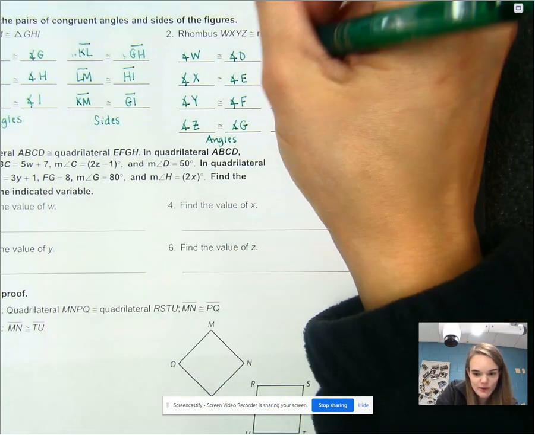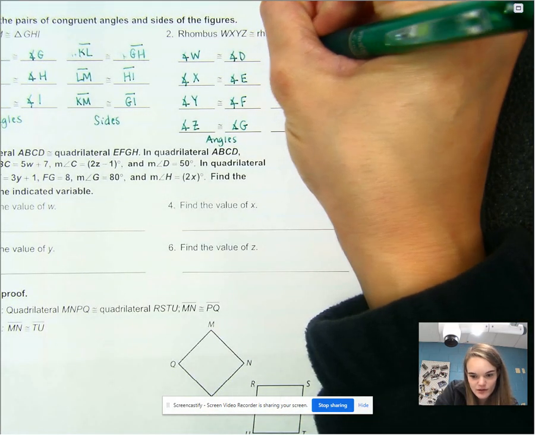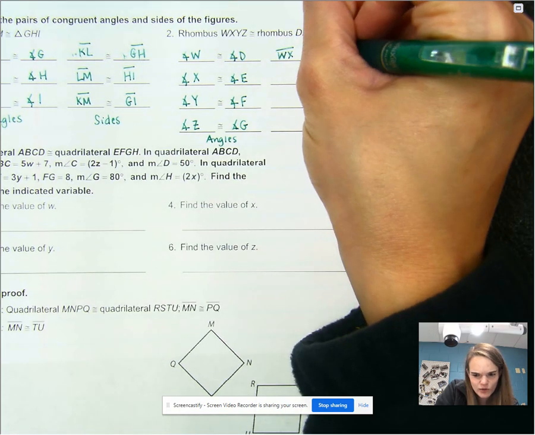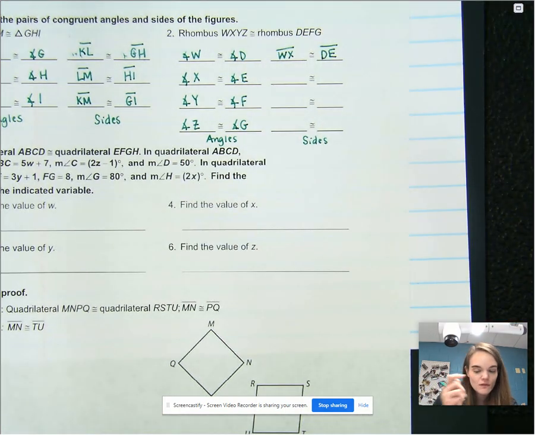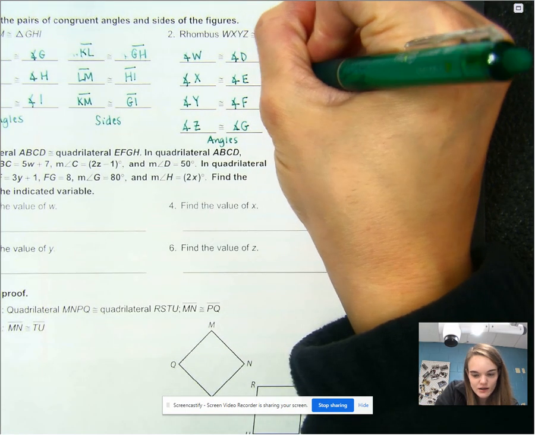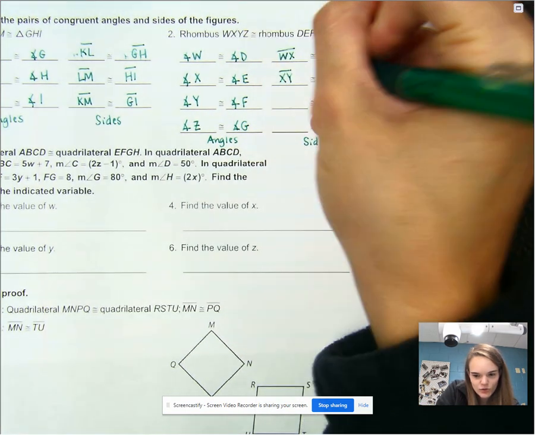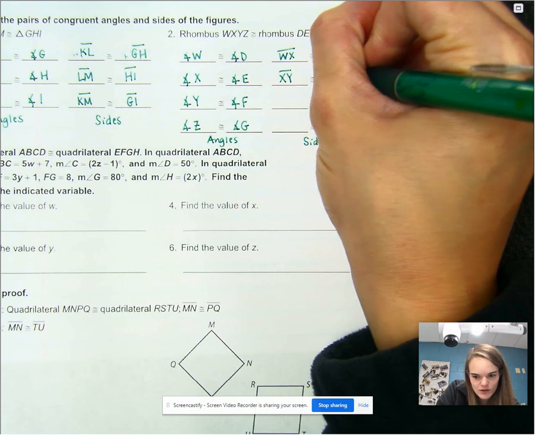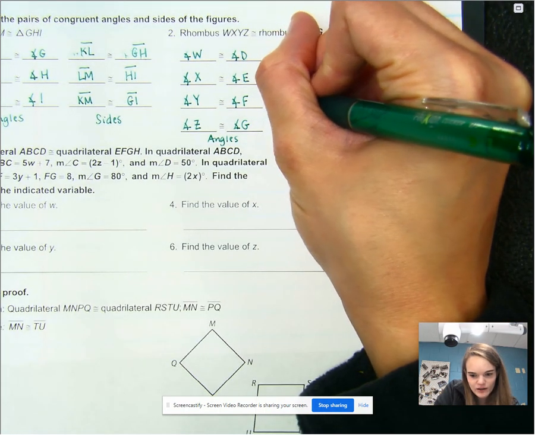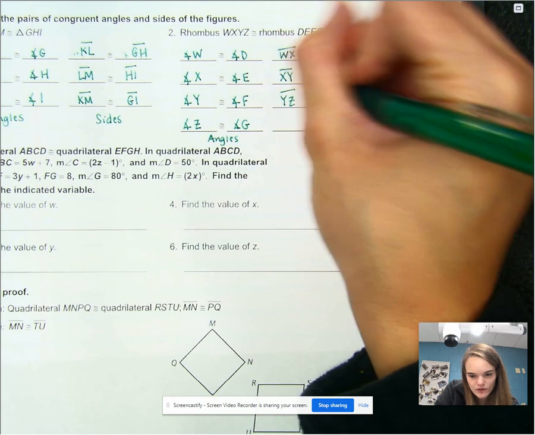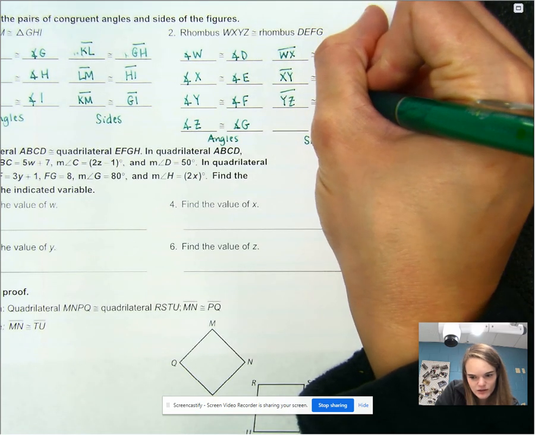Okay, I'm going to start with WX. WX is congruent to DE. XY is congruent to EF. YZ is congruent to FG.